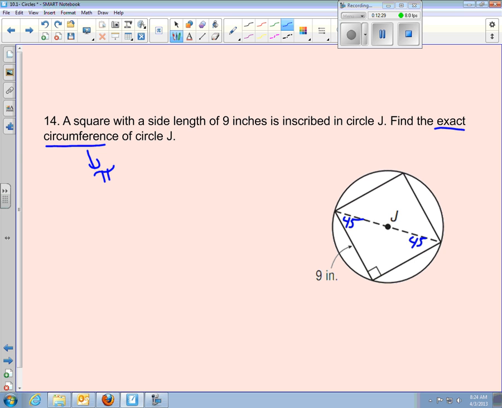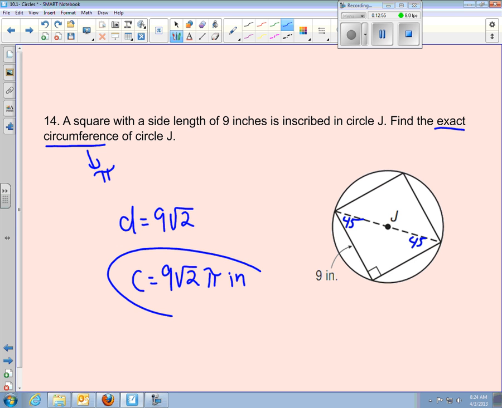And so we need to find the diameter, which ends up being the hypotenuse for that triangle. And so we know that in 45, 45, 90 rules, if we're given the leg to find the hypotenuse, we just multiply it by the square root of 2. So our diameter is 9 square root of 2. And so our exact circumference then is going to be 9 square root of 2 times pi. And then we have a label of inches.